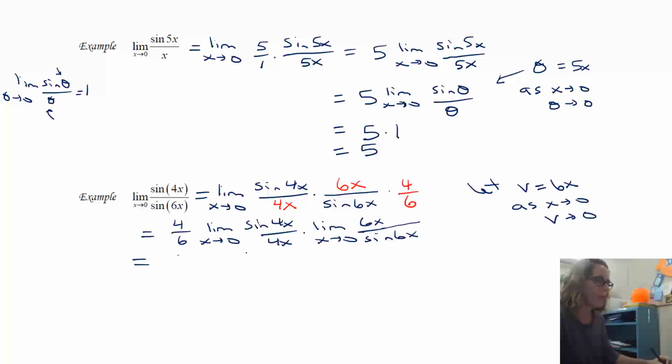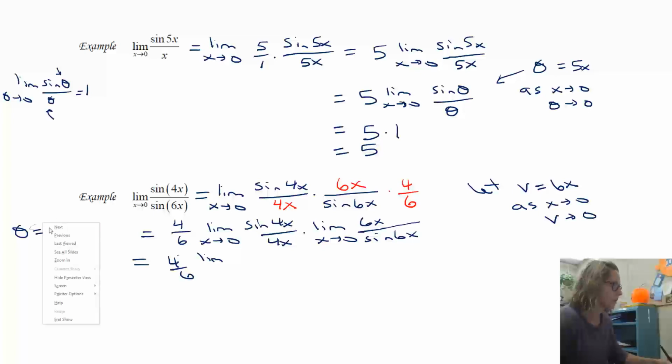So what that's going to give us is essentially 4 over 6. We get the limit as... Okay, whatever, so that's basically gone.